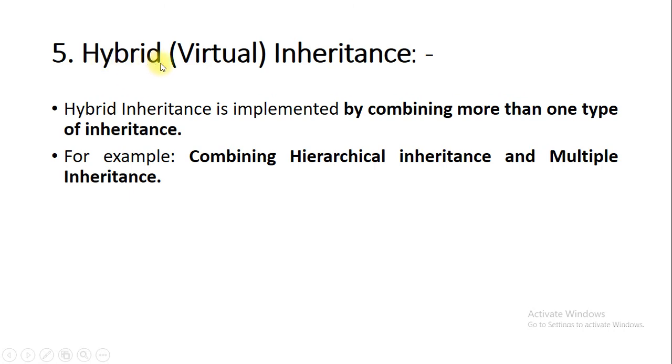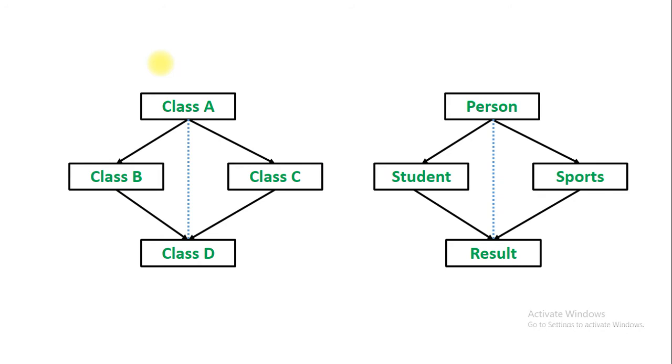But consider this particular example. When you create classes B and C using class A, and after B and C you create class D, you can understand that this particular line is not possible.